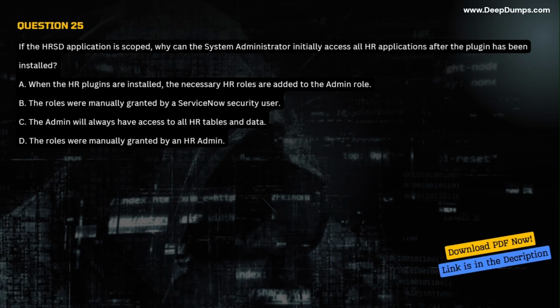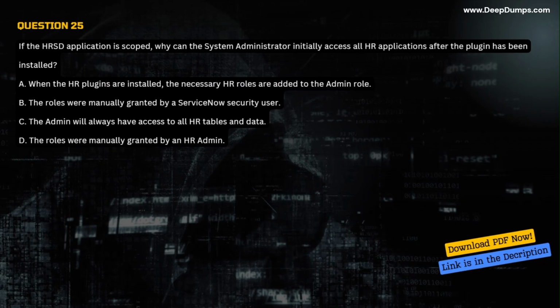Question 25. If the cis-hrsd application is scoped, why can the system administrator initially access all HR applications after the plugin has been installed? A. When the HR plugins are installed, the necessary HR roles are added to the admin role. B. The roles were manually granted by a ServiceNow security user.